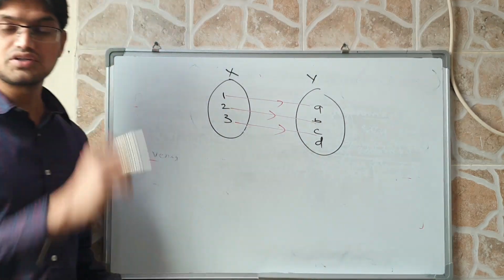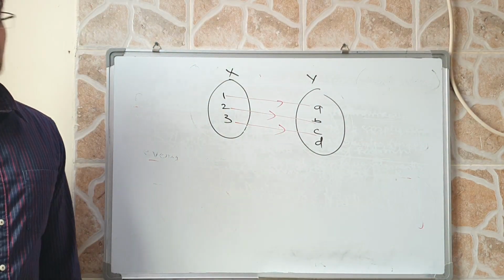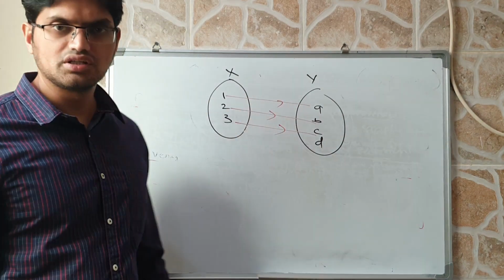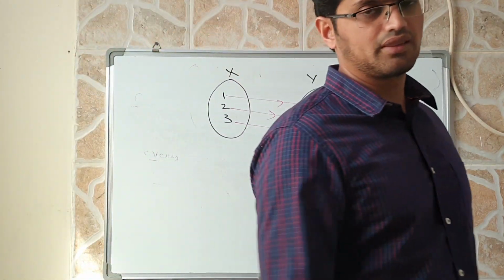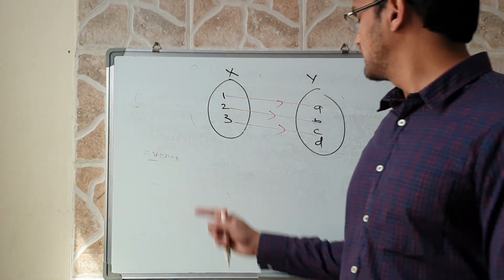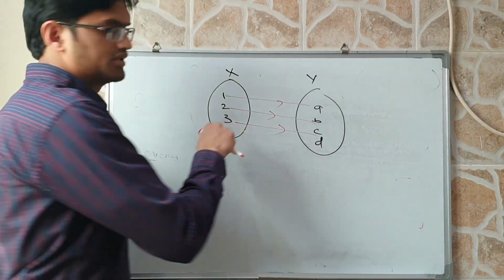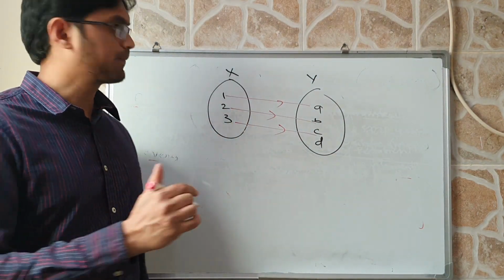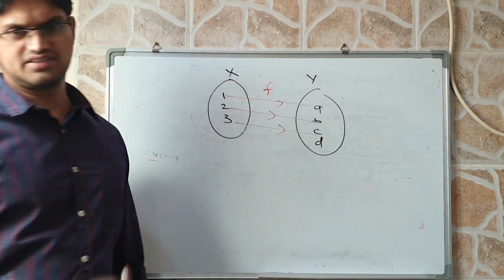Do you think it is a function? Yes, it is a function. Why? Because every element has an association, a unique association. So very good. I hope it is clear.